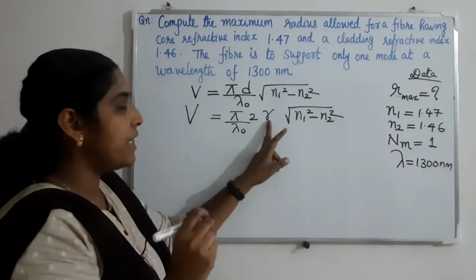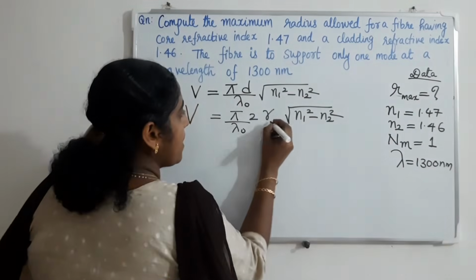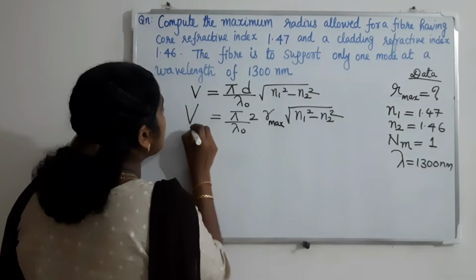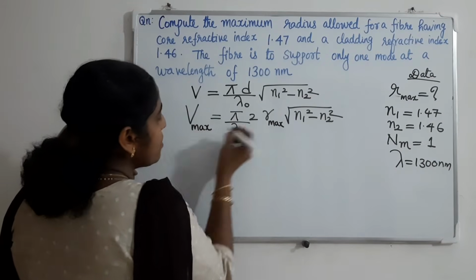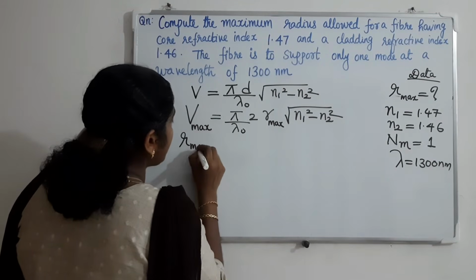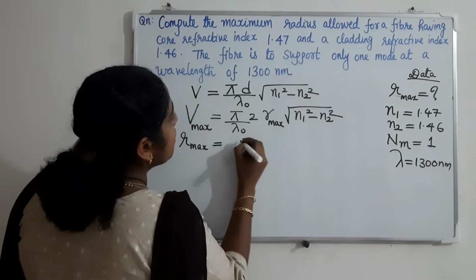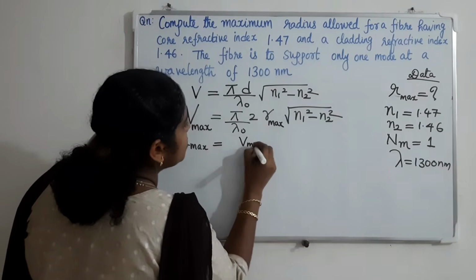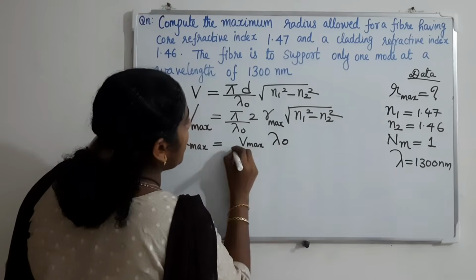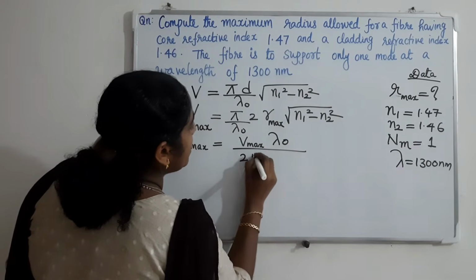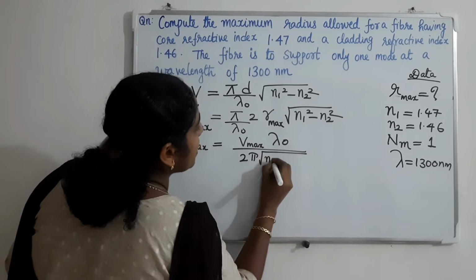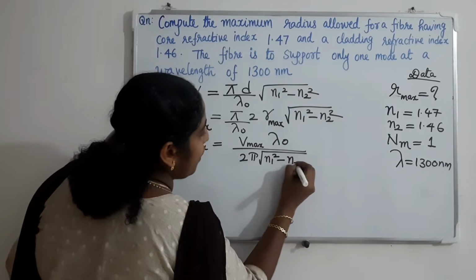Here the radius required is maximum, which means the V number is also maximum. So from this expression, R maximum is equal to V maximum into lambda 0 divided by 2 pi into root of n1 square minus n2 square.